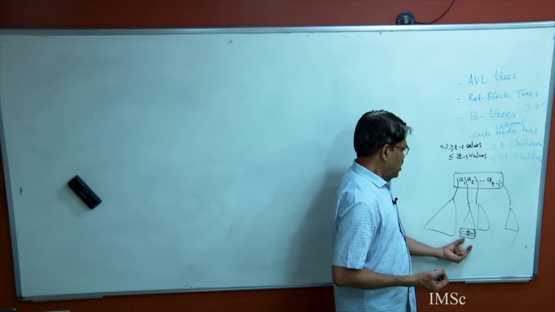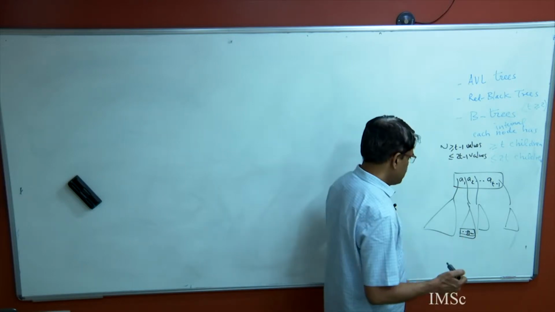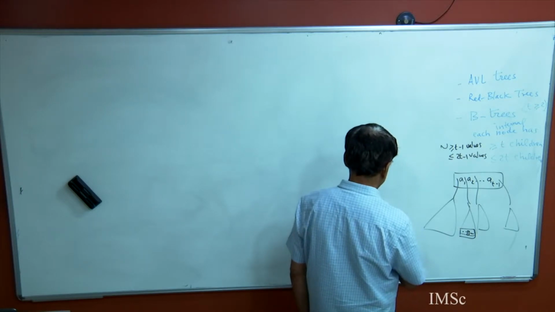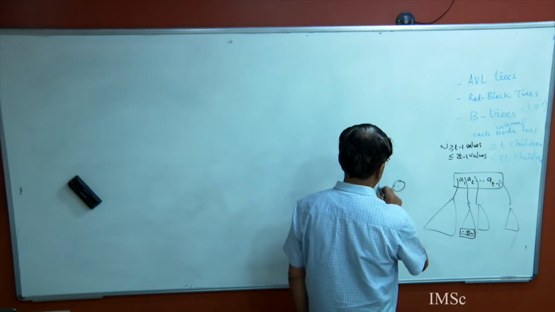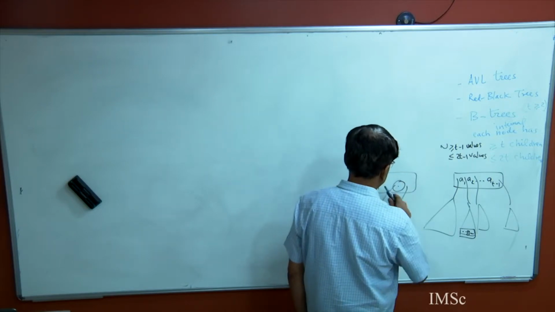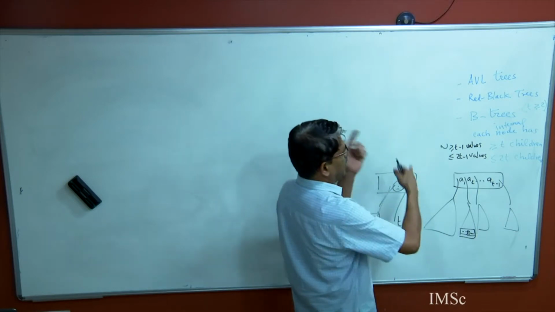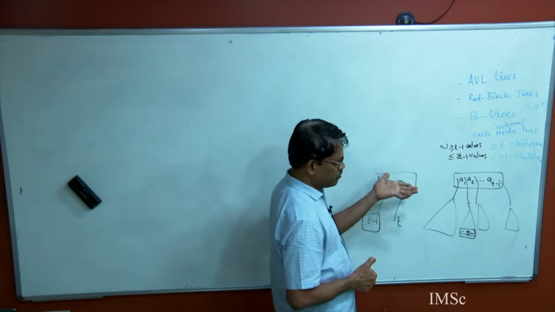Otherwise, if this has become full, then you are going to split it: t minus 1 values on one side, t on the other, and there is an extra value which you will now insert into your parent node and recurse upwards, because the parent may be full now and you have to do the splitting.